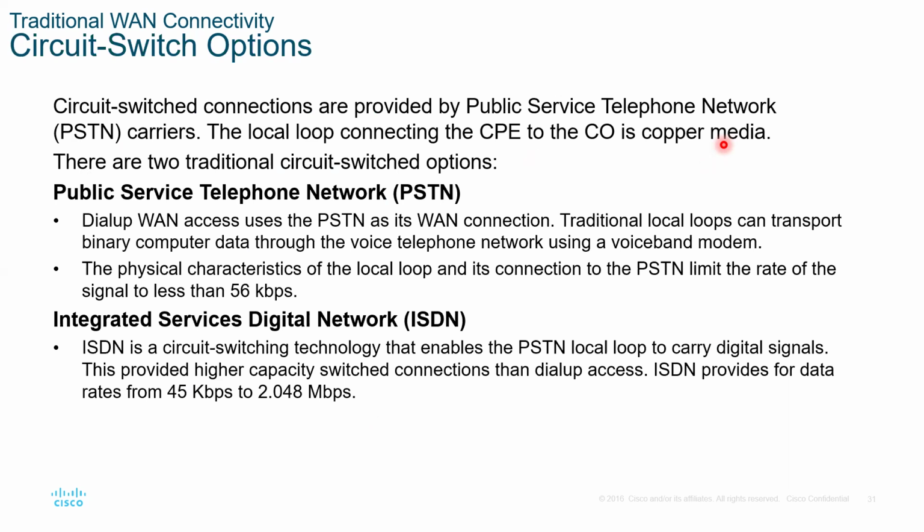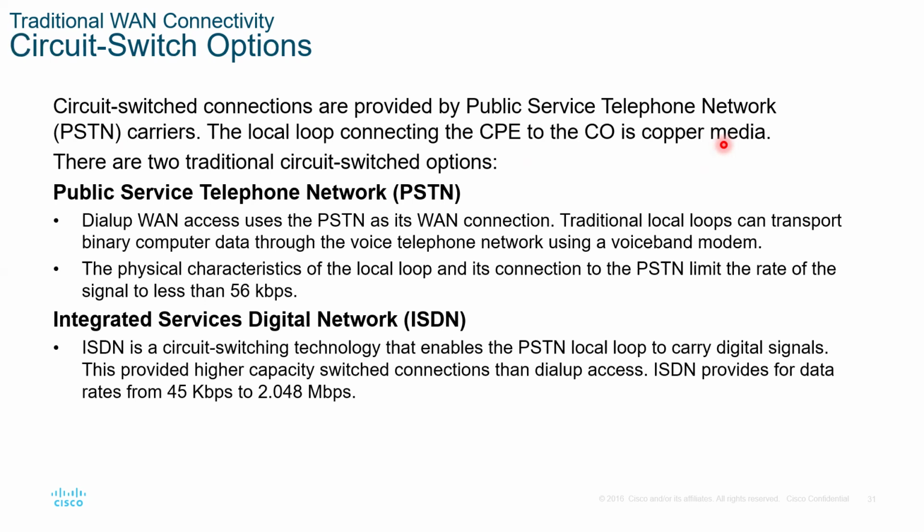They are used for voice and data communications over our traditional telephone lines, which is the copper media. PSTN uses analog technology, which offers much lower bandwidth than ISDN. ISDN, on the other hand, uses digital.